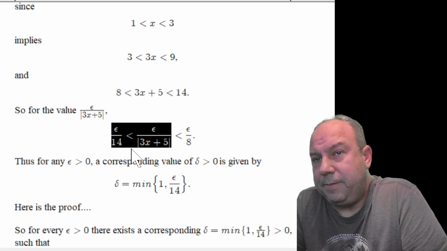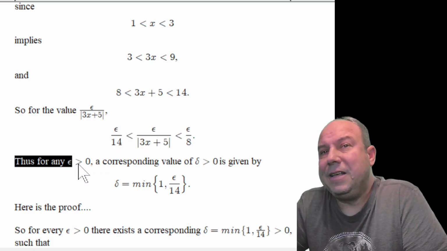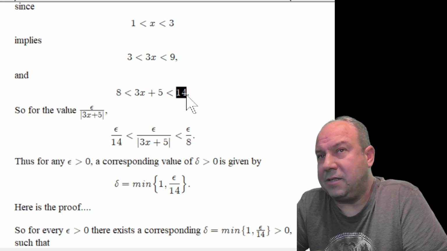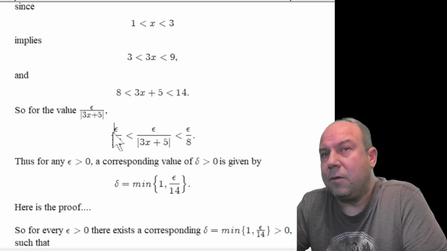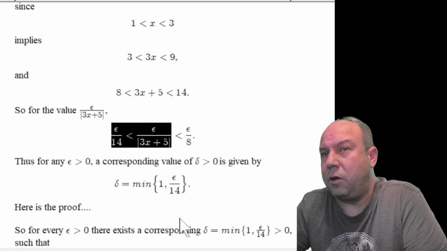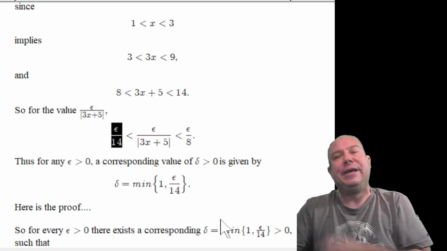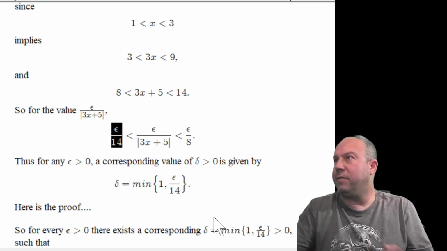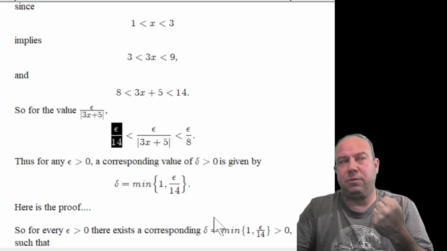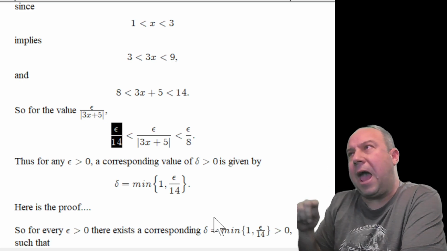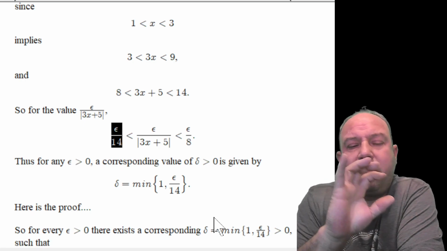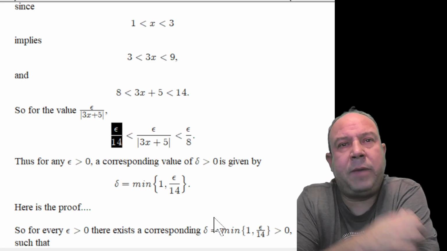What we're going to say here, and this is always true in the quadratic case, this upper boundary of 14 on this absolute value, 3x plus 5, right, which gives us this result right here, is going to indicate this low end boundary is going to be part of our algorithm for the choice. And I do say algorithm for the choice because it is a bit of a process we have to go through as we make our choice.